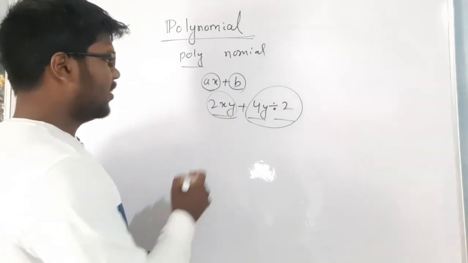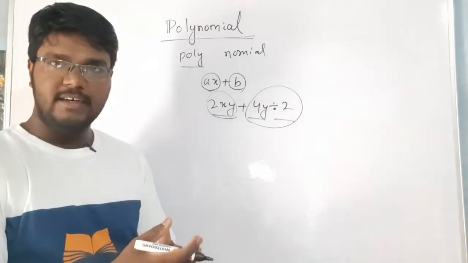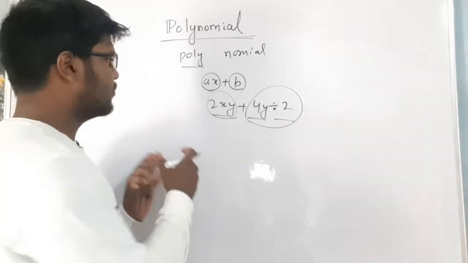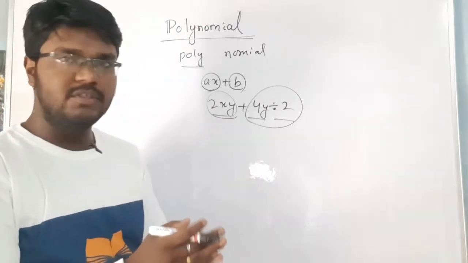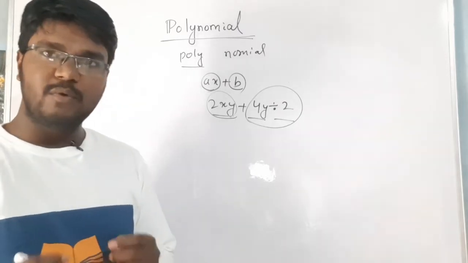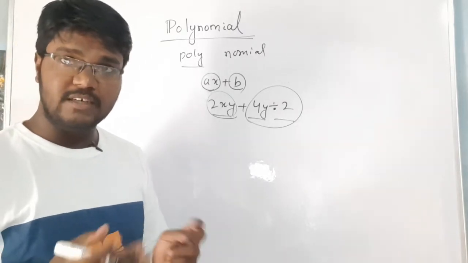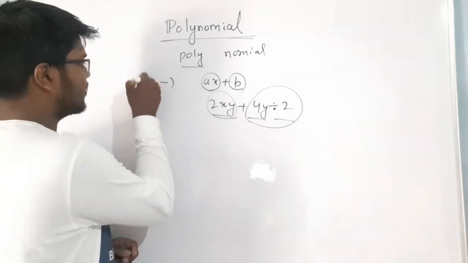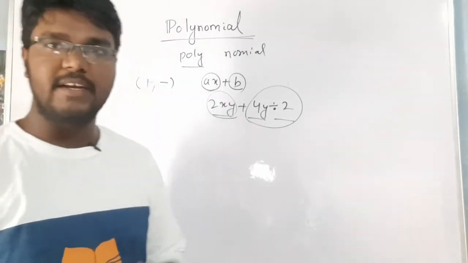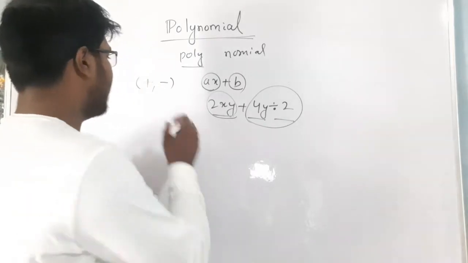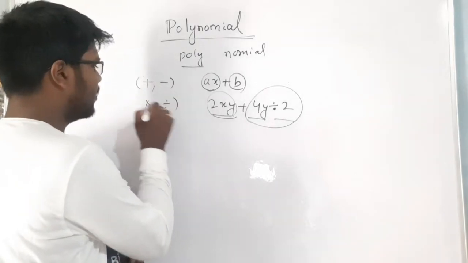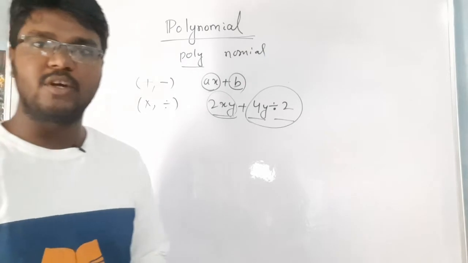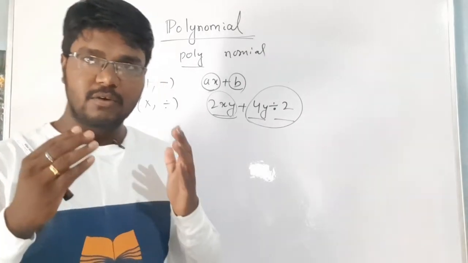If there is a plus or minus sign, the terms are separated. Only plus or minus, these two signs will separate the terms. And if there is a sign of multiplication or division, then it will be considered as one term.